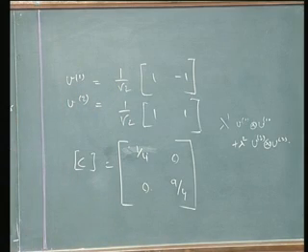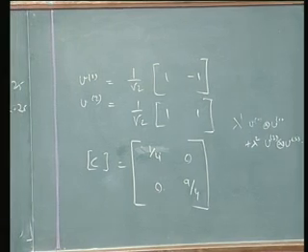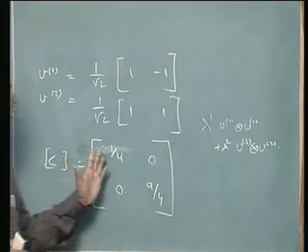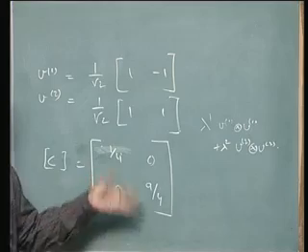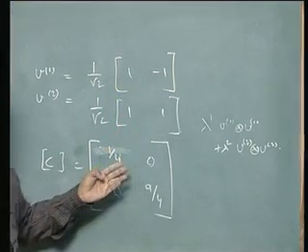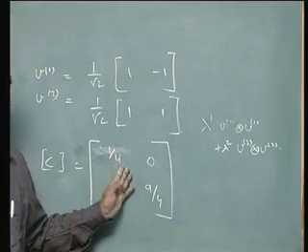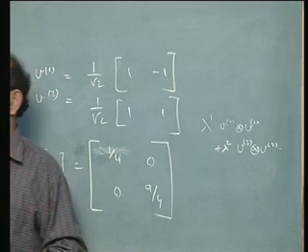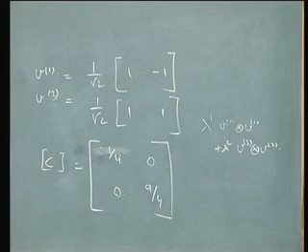Just to recapitulate, essentially what we have done is to get a new basis in such a fashion that we get a diagonal C matrix.